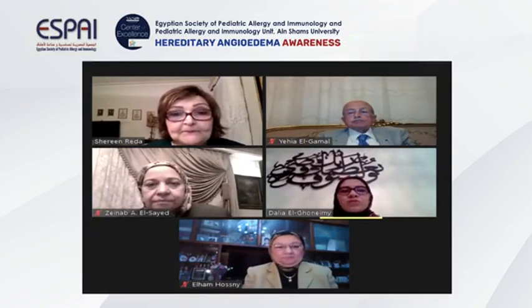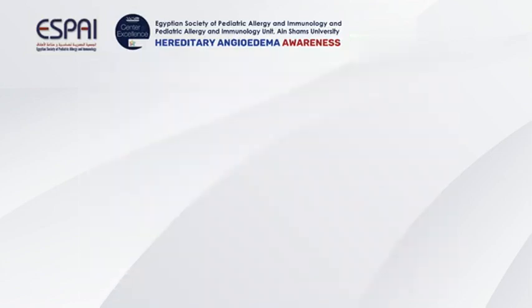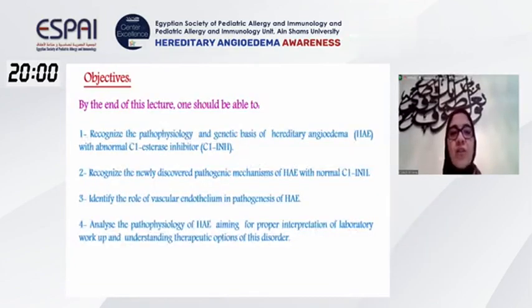My talk today is about the genesis of hereditary angioedema. The objectives of my lecture are that, at the end of this lecture, one should be able to recognize the pathophysiology and genetic basis of hereditary angioedema with abnormal C1 esterase inhibitor, recognize the newly discovered pathogenic mechanism of hereditary angioedema with normal C1 inhibitor, and identify the role of vascular endothelium in the pathogenesis of hereditary angioedema.